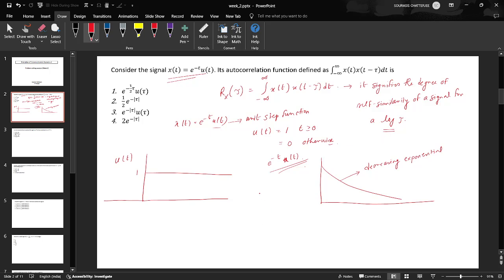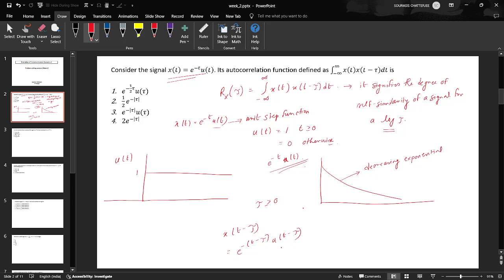We first consider the easy case where tau is greater than 0. So what is x(t minus tau) going to look like? It's e to the power minus (t minus tau) u(t minus tau).